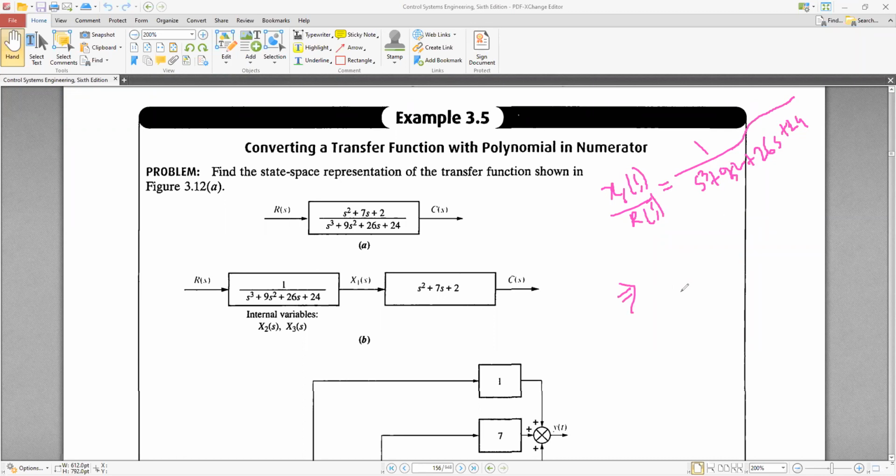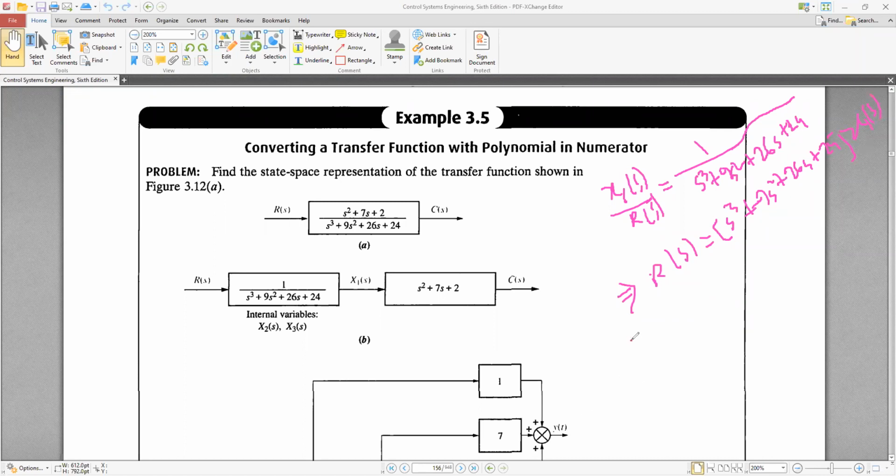If you do the cross multiplication, then R(s) equals (s cubed plus 9s squared plus 26s plus 24) X1(s).